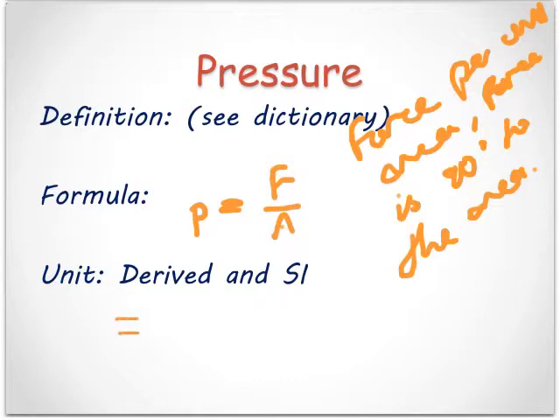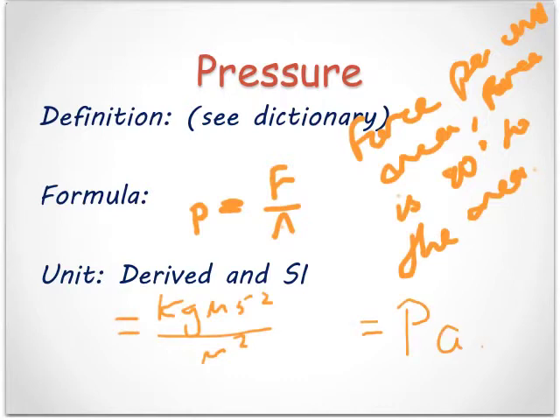Well, the derived unit, you can start working out: force is kg m s^-2, divided by metre squared, and go from there. However, the SI unit is equal to the Pascal. Just to give you an idea of reference, atmospheric pressure is 10^5 pascals, so quite large.